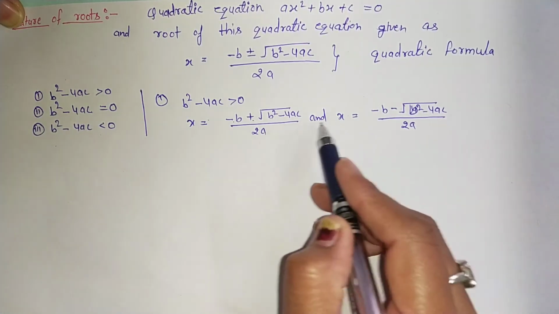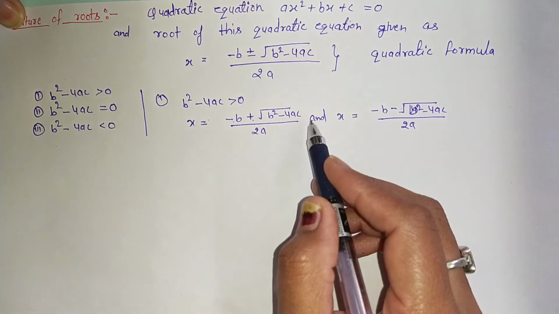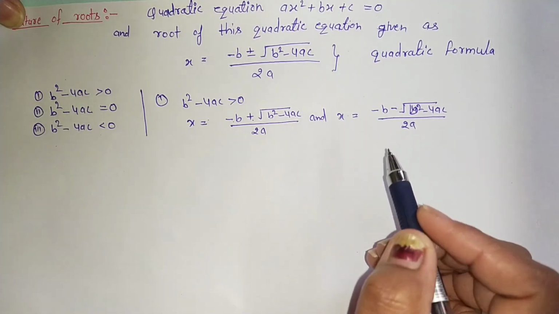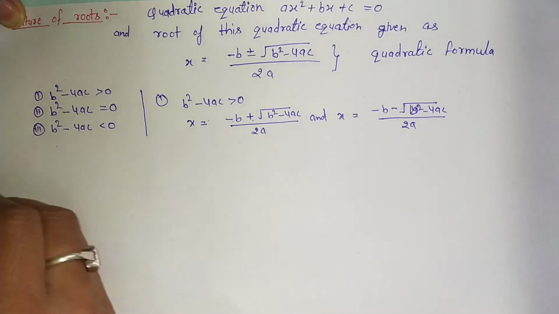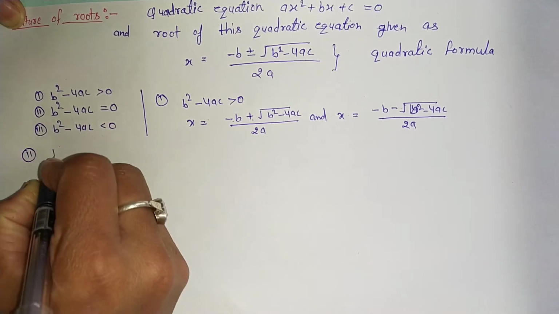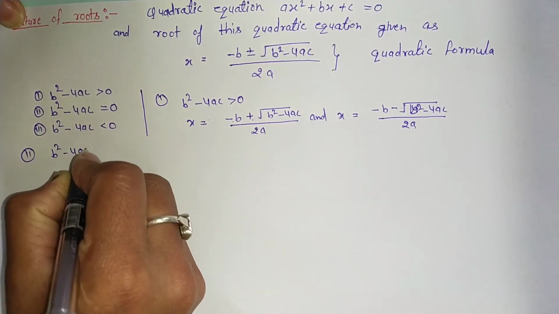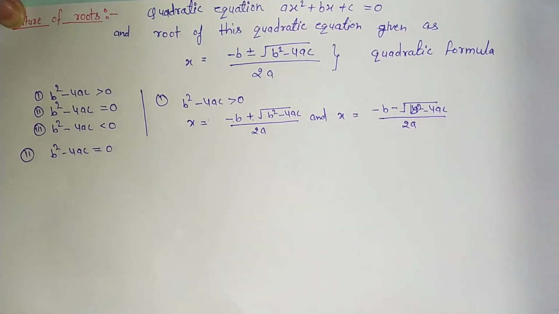These two roots are different and real roots. And the second condition is if b square minus 4ac equal to 0.